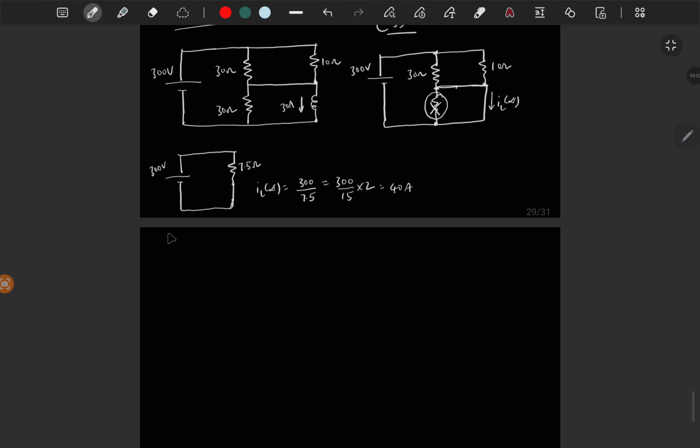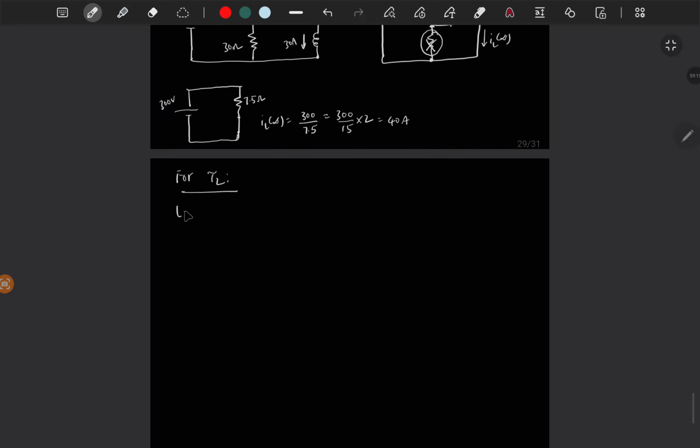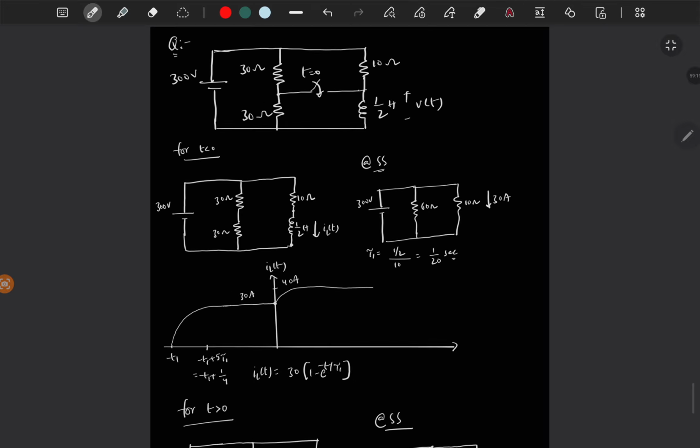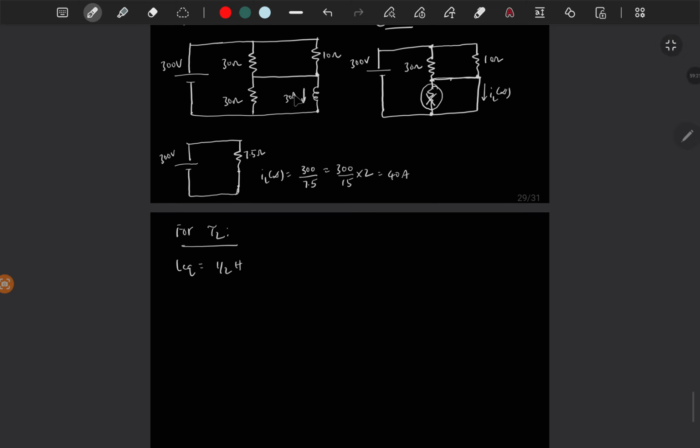So for tau 2 you have to find R equivalent. L equivalent is 1 by 2 Henry, and between these two terminals you have to find R equivalent.